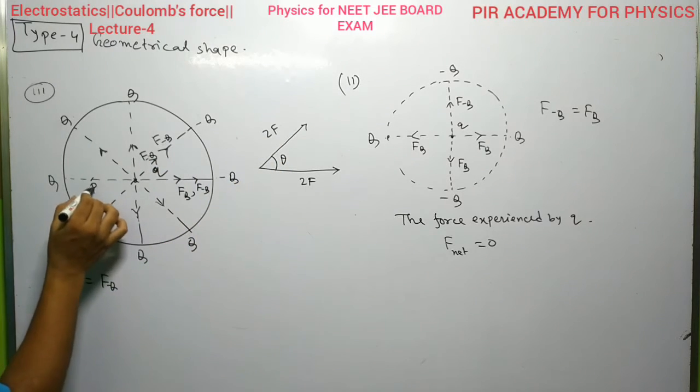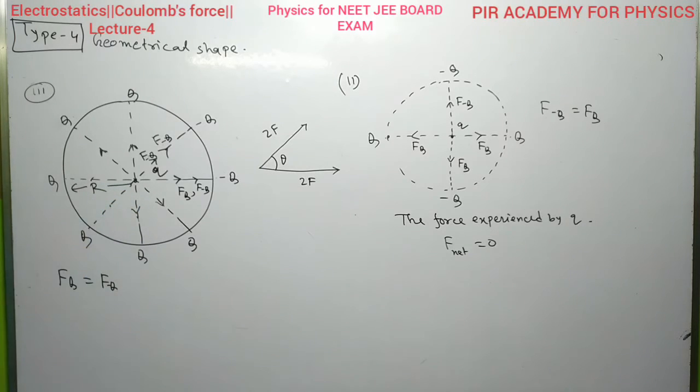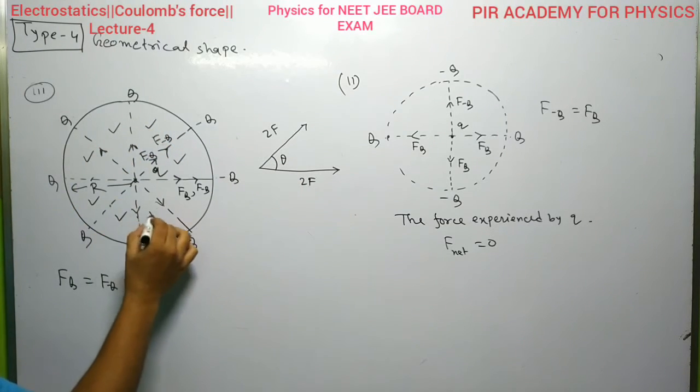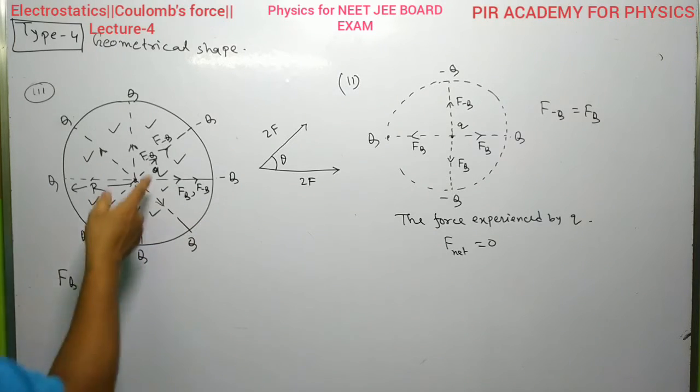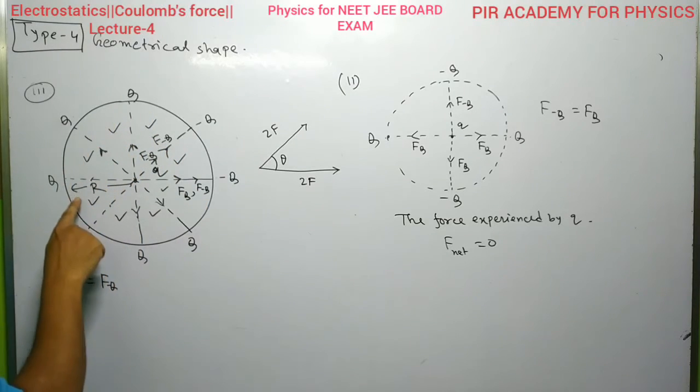Suppose the radius is R. You have to find out the angle theta. Here is 1, 2, 3, 4, 5, 6, 7, 8, so the total angle has 8 divisions.